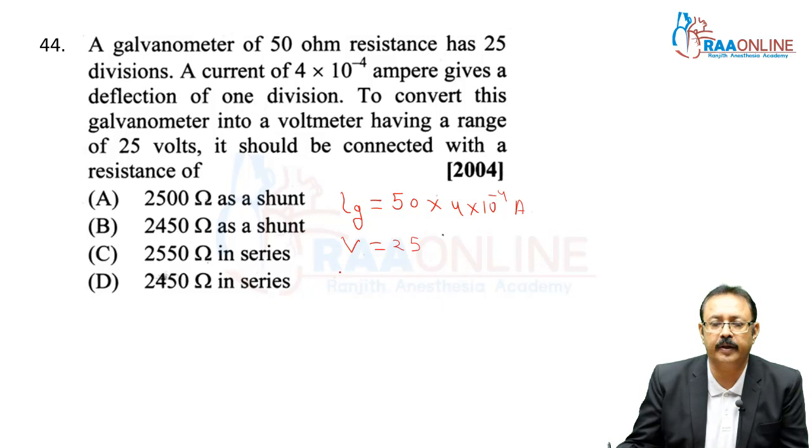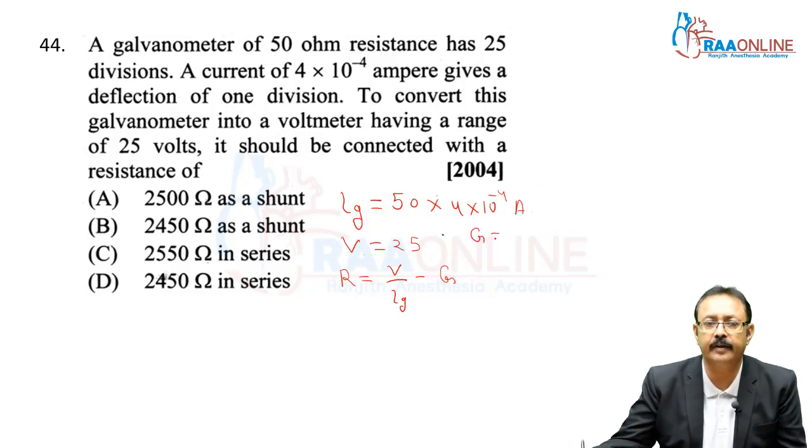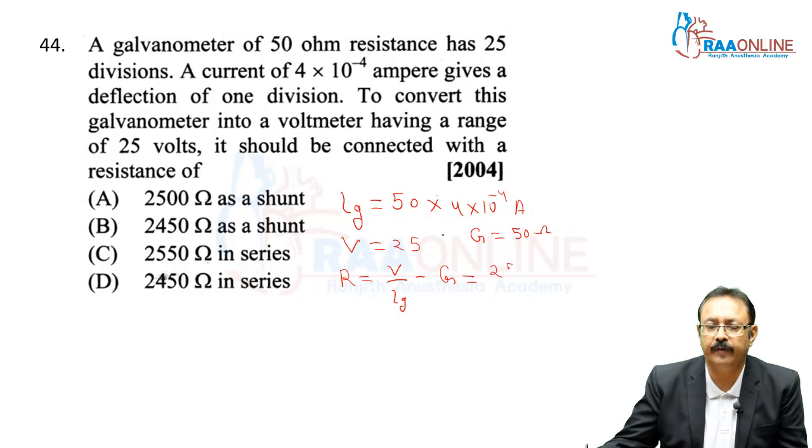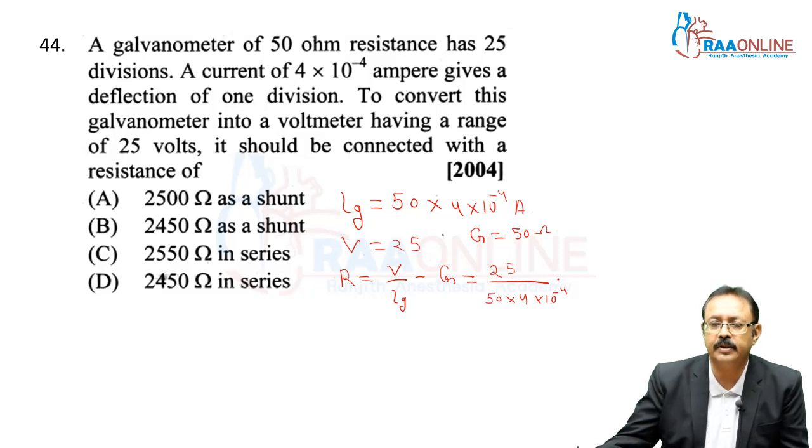What resistance should be connected there? We know that R is V upon Ig minus G. Galvanometer resistance is given 50 ohm. So V is 25 upon Ig, 50 into 4 into 10 to the power minus 4, minus G means 50. Take minus 4 in the numerator.